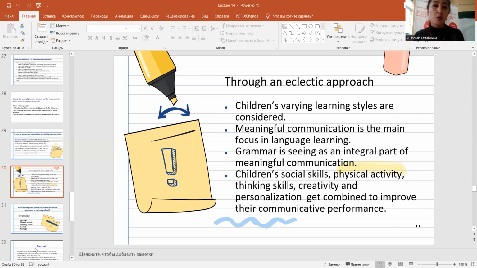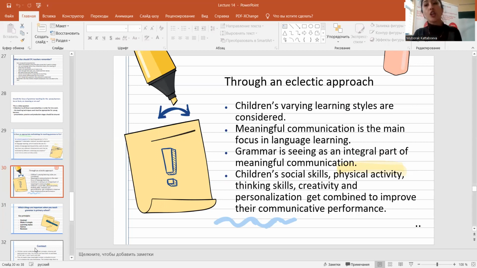Through an eclectic approach, you will be varying children's learning styles, and these learning styles will be considered. In this approach, meaningful communication is the main focus for your language learning class. Grammar is seen as an integral part of meaningful communication.